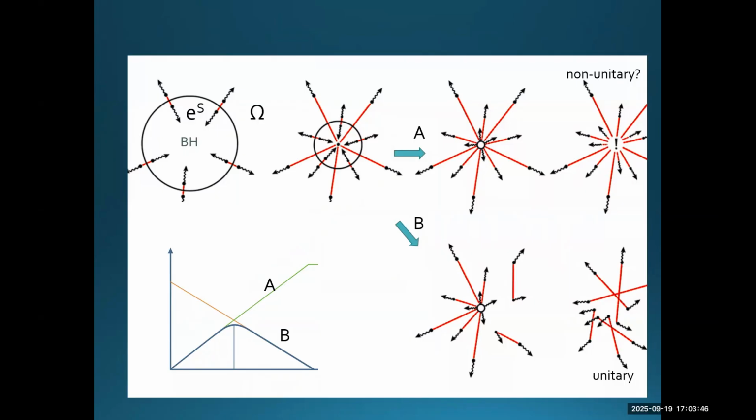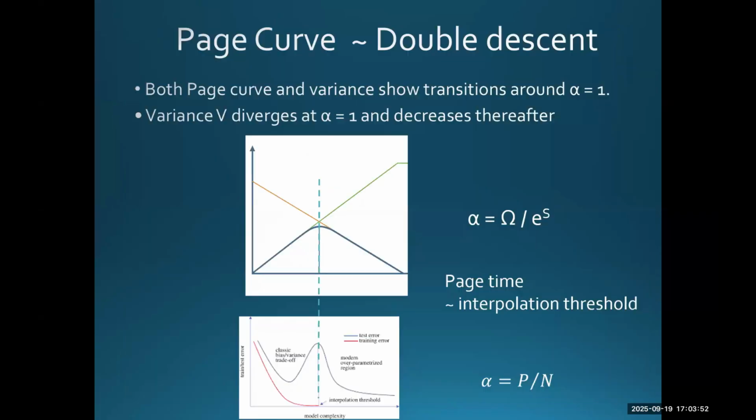It is large, but I wonder whether we can use semi-classical gravity to derive this curve. I don't know. Page time is essentially a classical concept. Yeah, the time when the black hole entropy is reduced by half, actually. Yeah, that's the time.